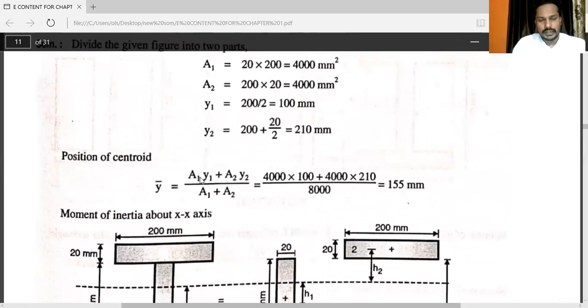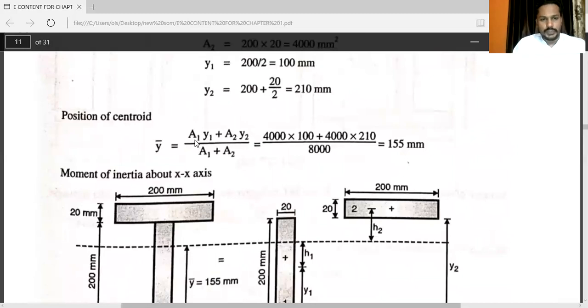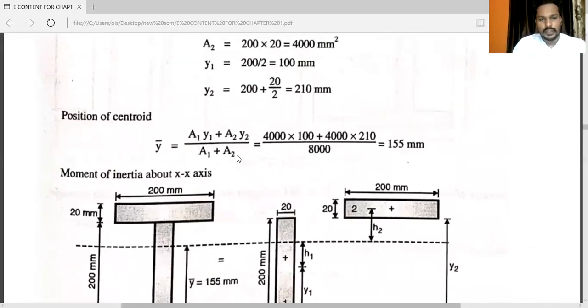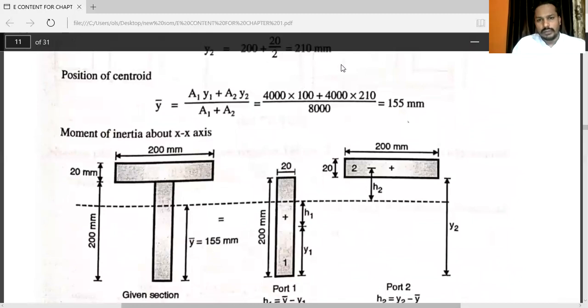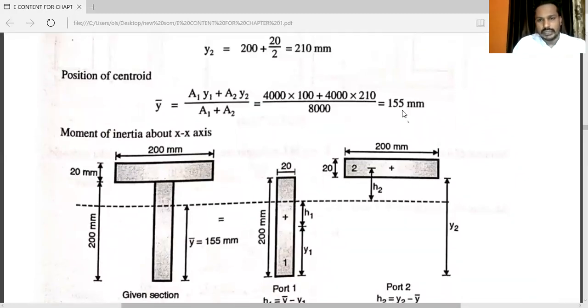So for y bar, we have the formula A1 y1 plus A2 y2 upon the summation of the entire area, that is A1 plus A2. So here we have the value of A1, we have the value of y1, we have the value of A2, y2. You have to just put all the values in the formula, in the calculator, and you will get the answer.